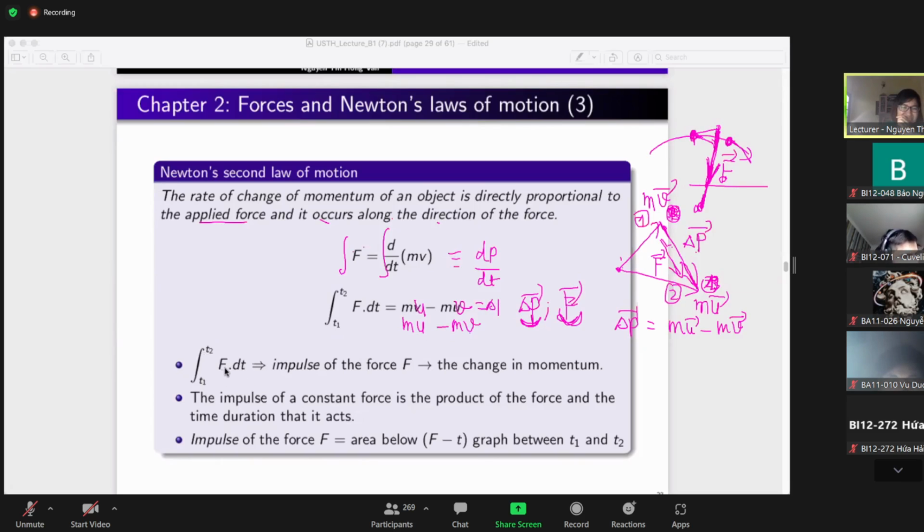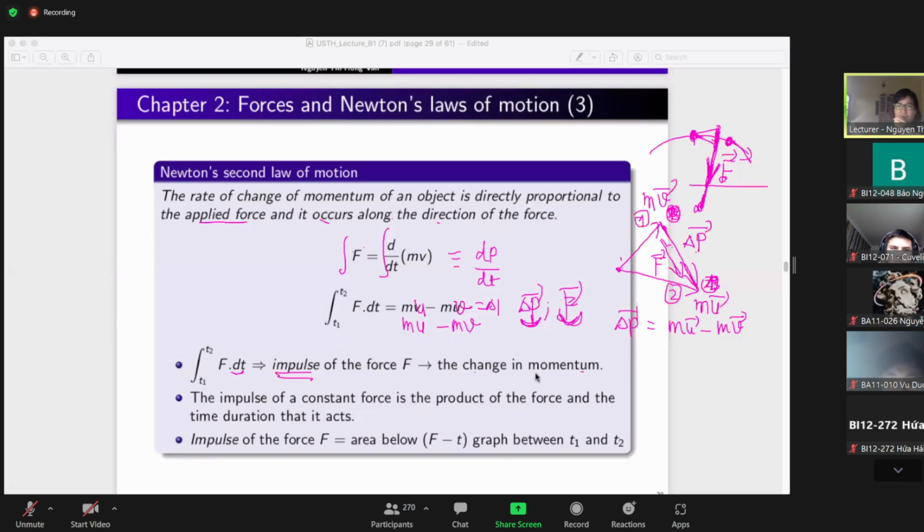So the acting of the force during this time, the name is impulse of the force. Impulse of the force is a change in the momentum.